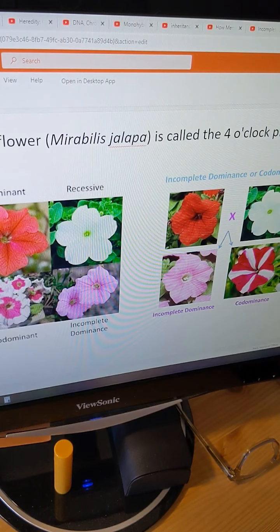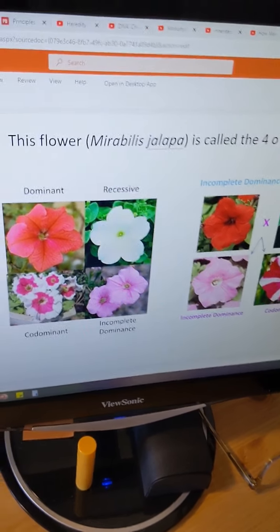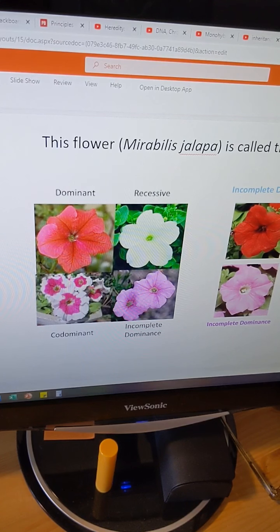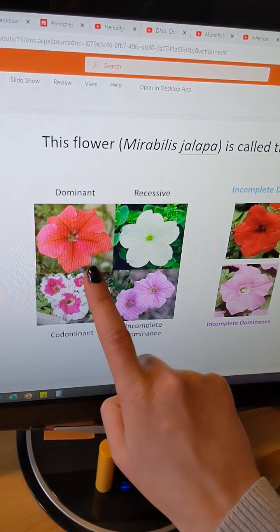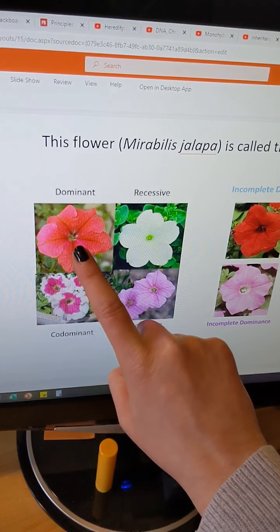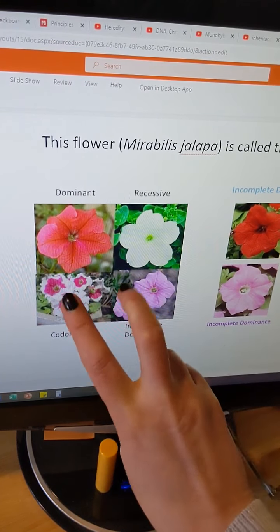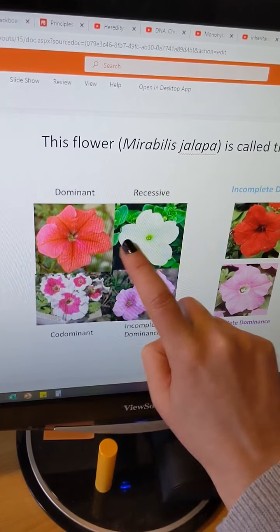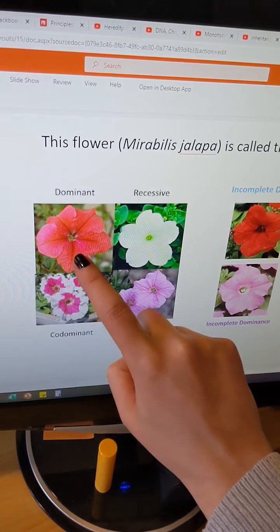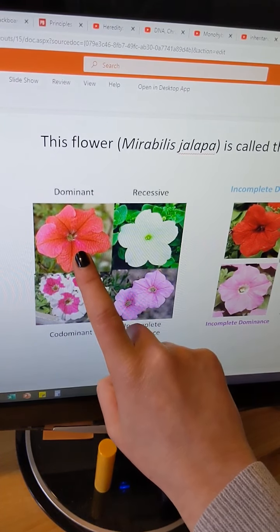In this slide, we'll start here, just scooch over a little bit. This flower, you can see the genus name right there, it's Mirabilis, is often called the 4 o'clock plant because it blooms at 4 o'clock p.m. It's really, really cool. In regular Mendelian genetics, if you had a dominant trait and a recessive trait and you created a heterozygote between these two individuals, the offspring would look like the dominant parent.